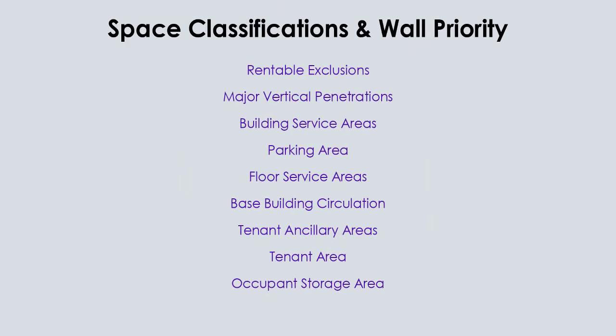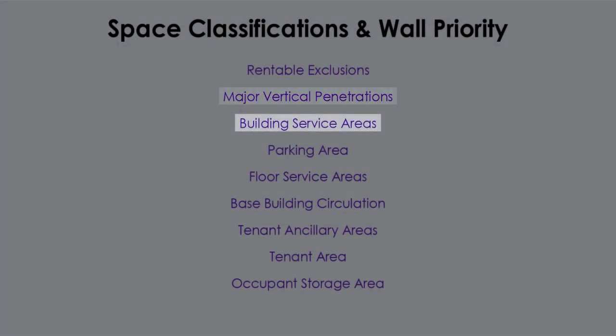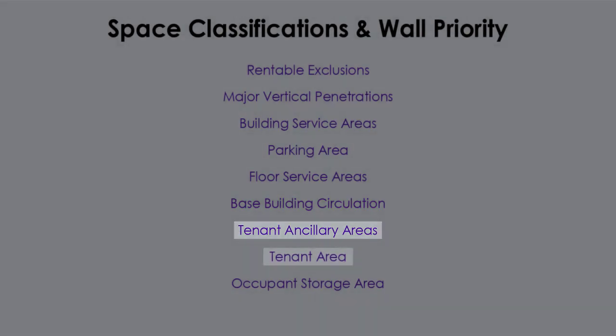This video is going to focus on the more commonly used space classifications and the wall priority between them, such as rentable exclusions, major vertical penetrations, building service areas, parking area, floor service areas, base building circulation, tenant ancillary areas, tenant area, and occupant storage area.